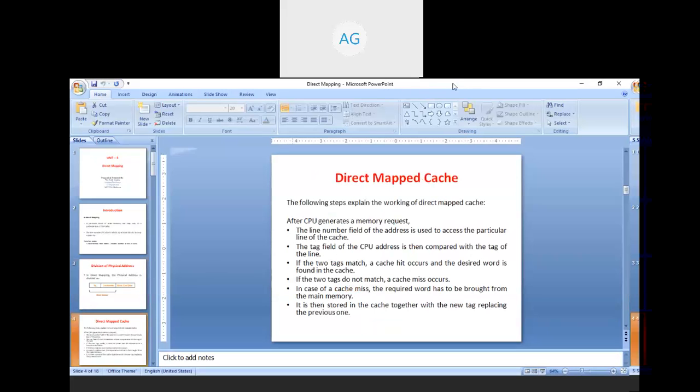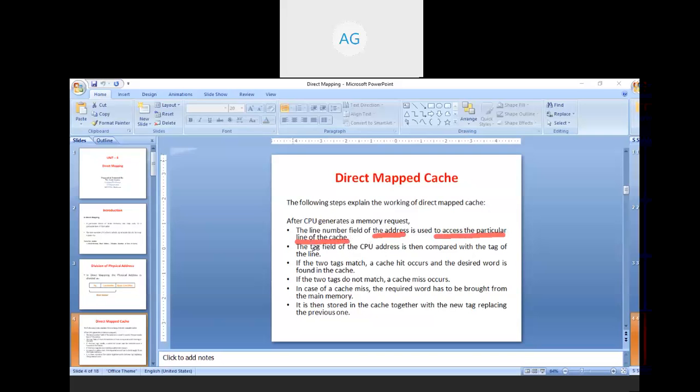These are some of the important points which need to be remembered before solving questions based on the direct mapping technique. In the case of a direct mapped cache, after the CPU generates a memory request, the line number field of the address is used to access the particular line of the cache, as we know from the diagram we discussed earlier.